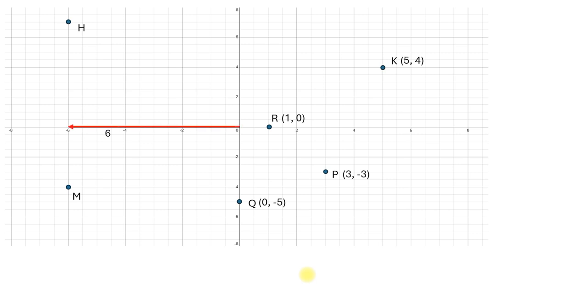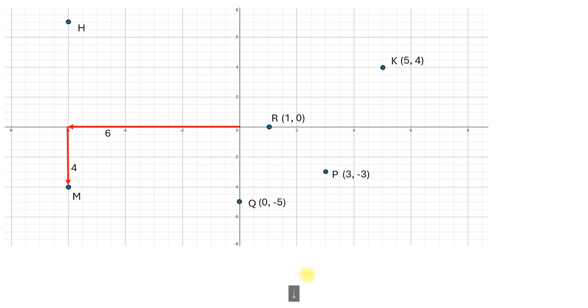For the M coordinate, now for the first time we're moving to the left along the x-axis. Because of this, we're going to refer to this as negative 6. So 6 units to the left, 4 units down, and again, because we're moving down along the y-axis, this will become a negative number.